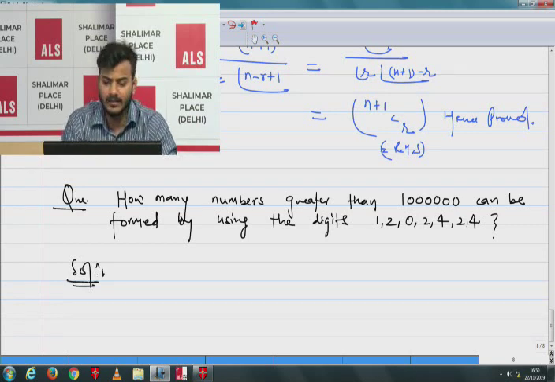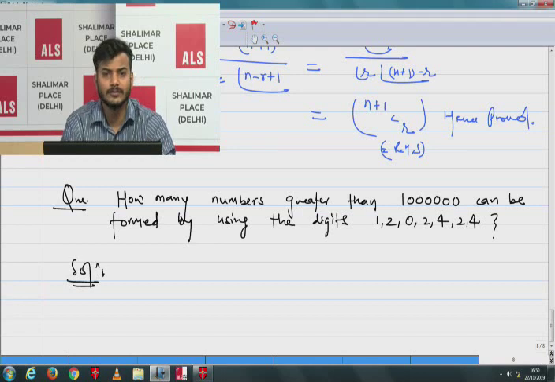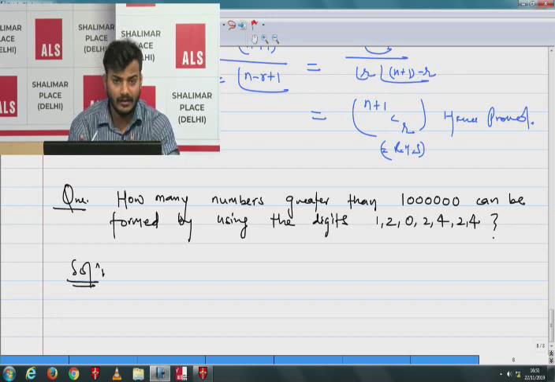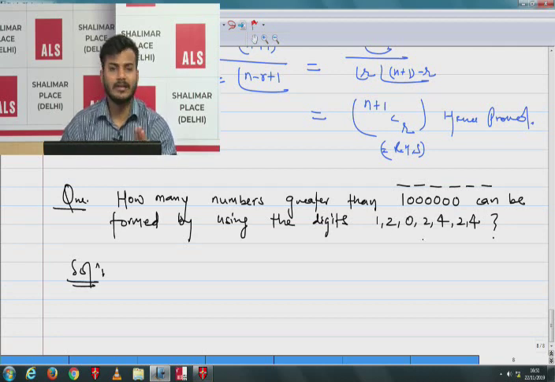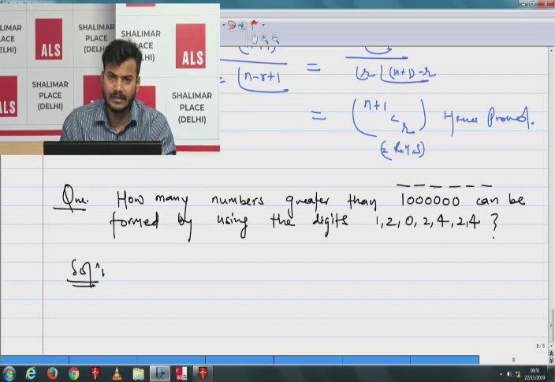And of course, when I'm saying 1, 2, 0, 2, 4, 2, 4, don't talk about repetition, because the digits I have provided you are already repeated. So the question is basically, these are a total of 7 places, and these are 7 digits. Simply you have to fill in all these digits in these spaces.